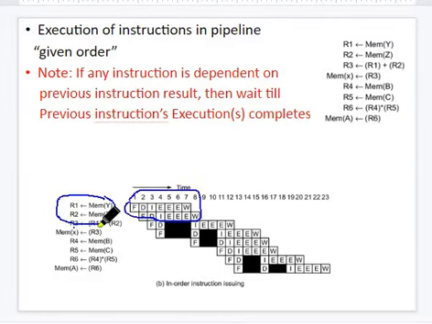Those which are dependent have to wait for the completion of the instructions they depend on. Once the next instruction is dependent on the previous, like R1 plus R2 is equal to R3, till R3 finishes, it has to wait. Wait for what? Wait for execution.